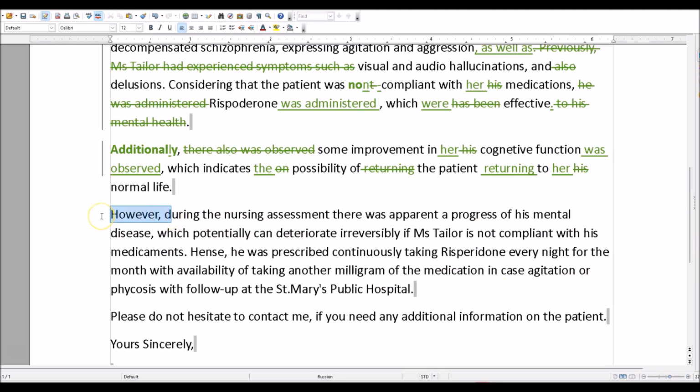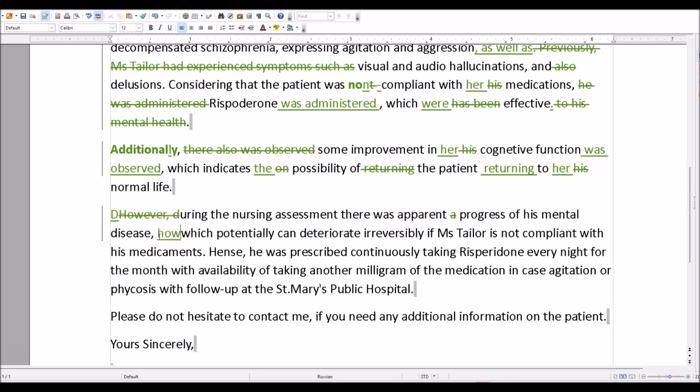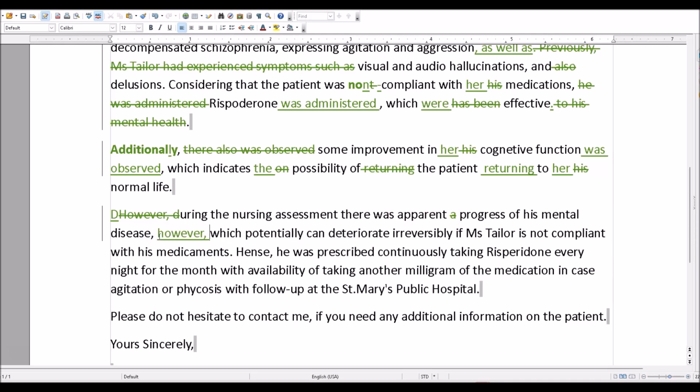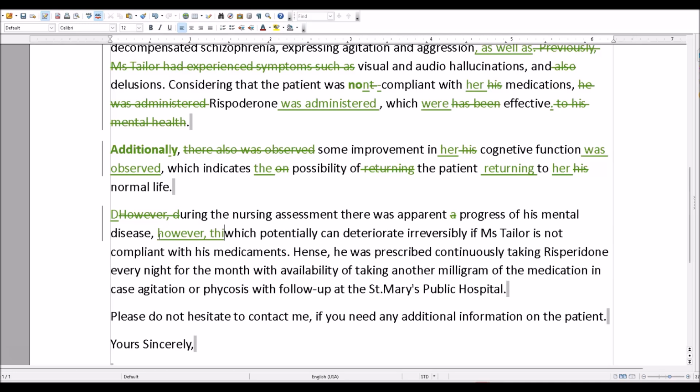So during the nursing assessment, there was apparent progress of his mental health. Now, however, you can put it here. However, this potentially. So, however should be at the beginning of this clause. So, during this assessment was an apparent progress of her mental disease. However, this potentially can deteriorate irreversibly.